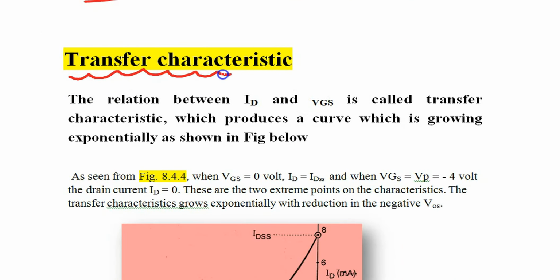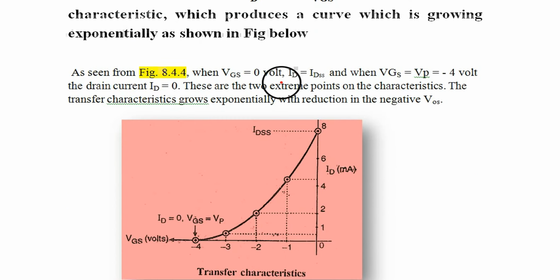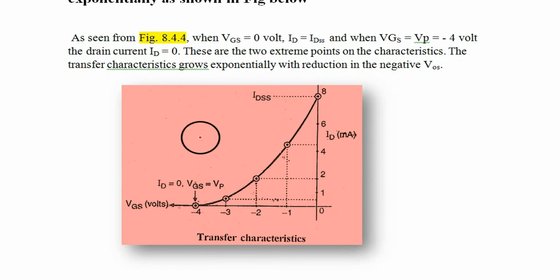Now we come to the transfer characteristics. Now what we are doing, like at here, we go on increasing the gate voltage, and when the gate was 0, the current is IDSS.